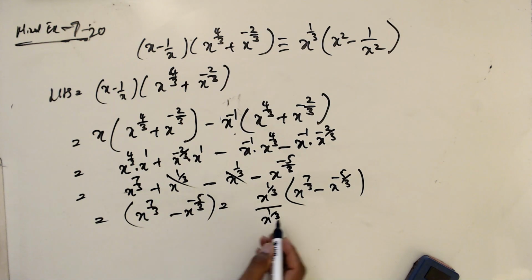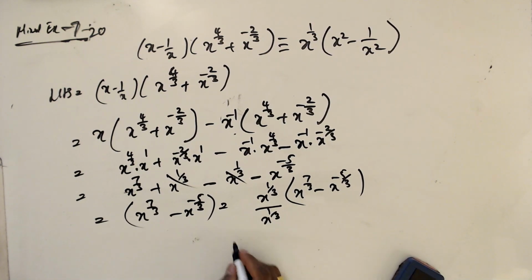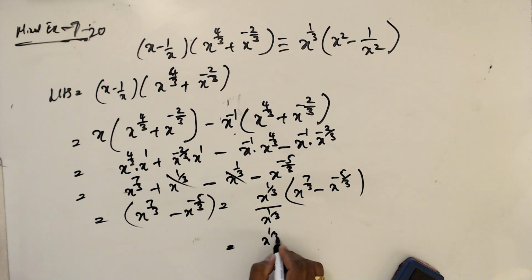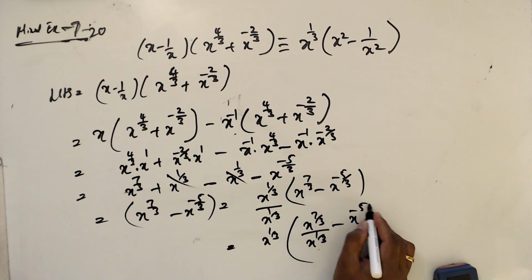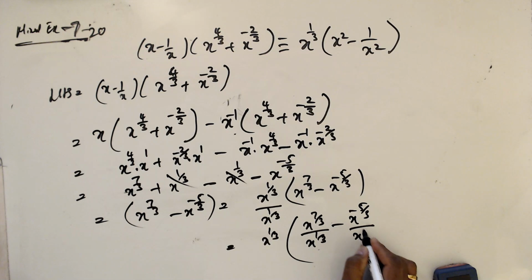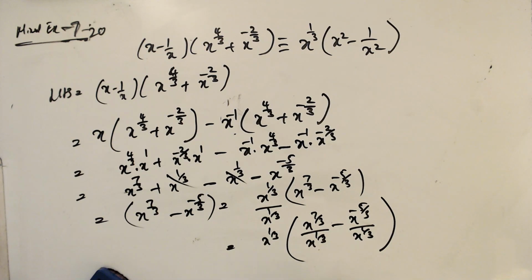Now I'll keep this one and I'll put this one inside. So x to the 1 over 3, I'll keep this one, times (x to the 7 over 3 over x to the 1 over 3 minus x to the minus 5 over 3 over x to the 1 over 3). Now we'll simplify inside.